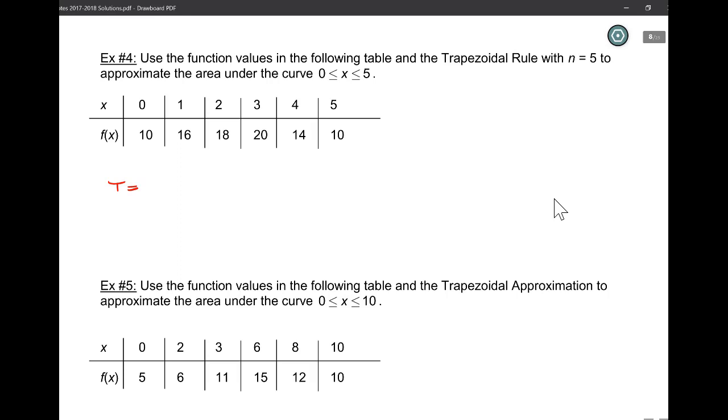This one, since the height is 1 for each of these, I'm going to do height over 2, and then it's going to be 10, and then 2 times 16, plus 2 times 18, 2 times 20, 2 times 14, plus 10. And for this, we do get 78.